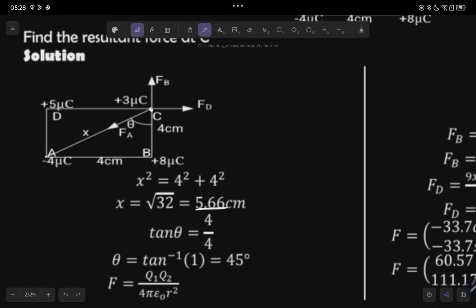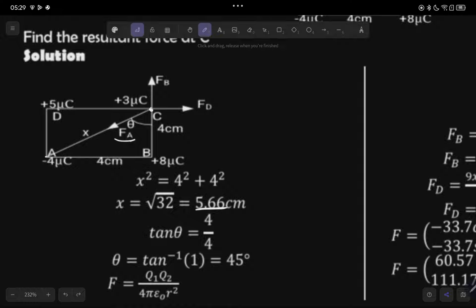Then we have got the value of x. Later on we shall need to resolve, or break down, the force Fa into two components, horizontal and vertical, because the vectors are pointing in different directions which are not parallel.